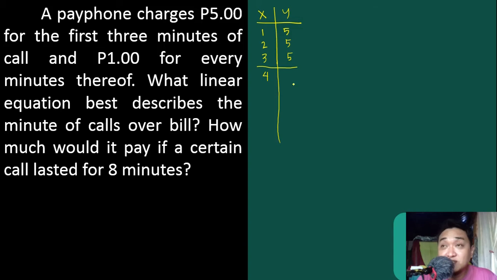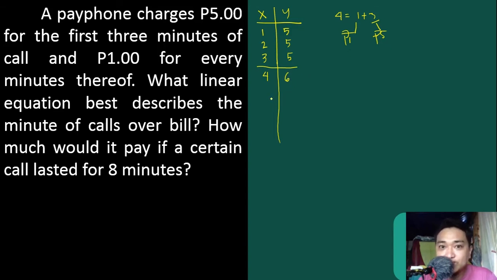Ikakaltas natin yung 3 minutes sa 4 minutes, so that is 5 pesos plus 1 minute, because 4 is equivalent to 1 plus 3. So babayaran natin dito yung 5 pesos, and babayaran natin dito yung 1 peso for every minute of calls after the 3 minutes. So sa madaling salita, ang babayaran natin is 6.